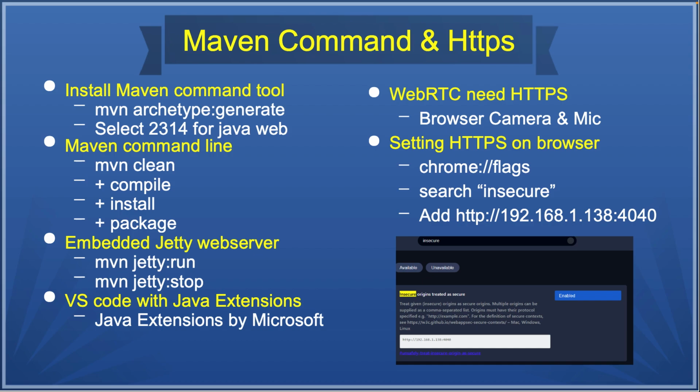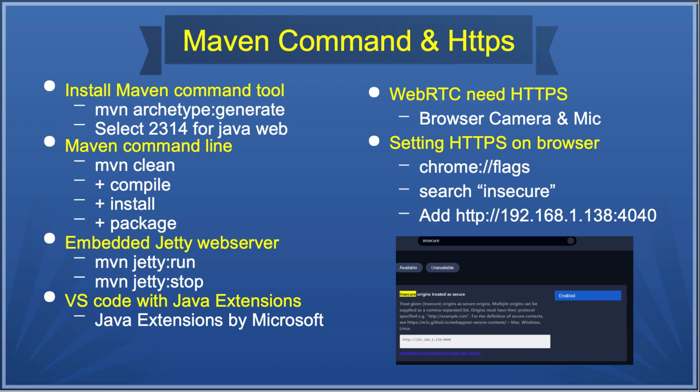And then I will use VS Code instead of Eclipse or NetBeans. Recently I switched to VS Code with the Java extension, which is provided by Microsoft. WebRTC needs an HTTPS secure connection in order to connect the browser camera and microphone.